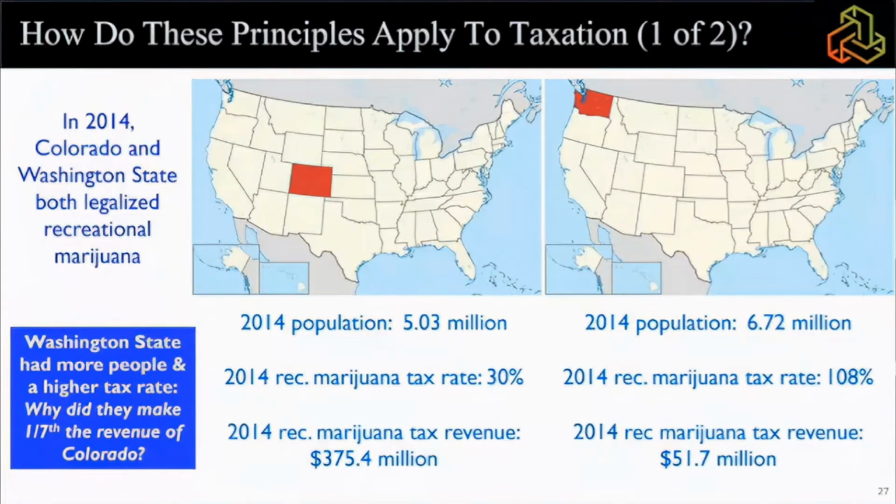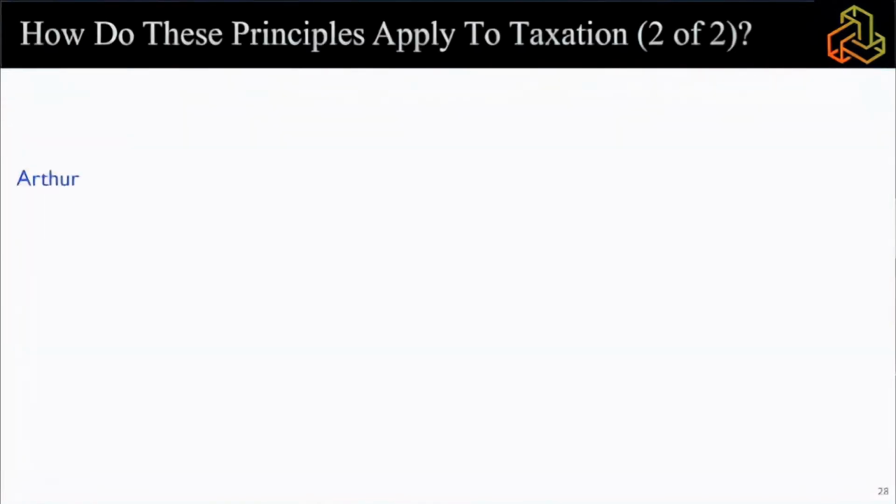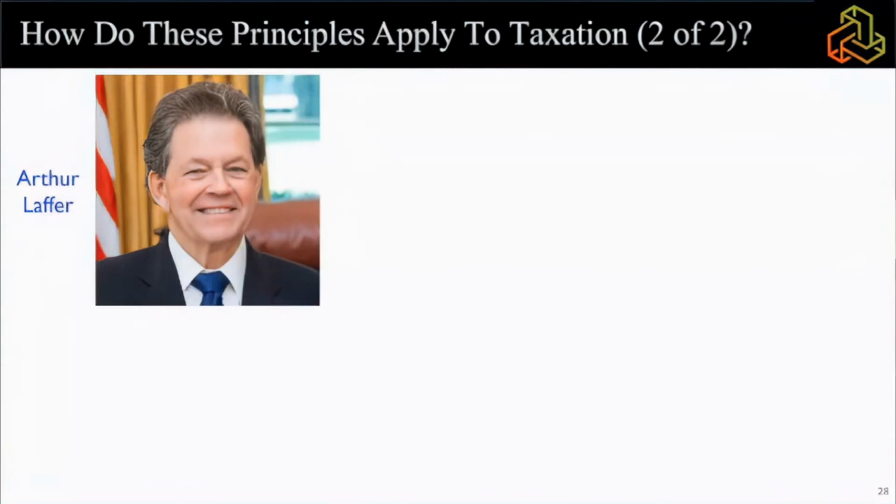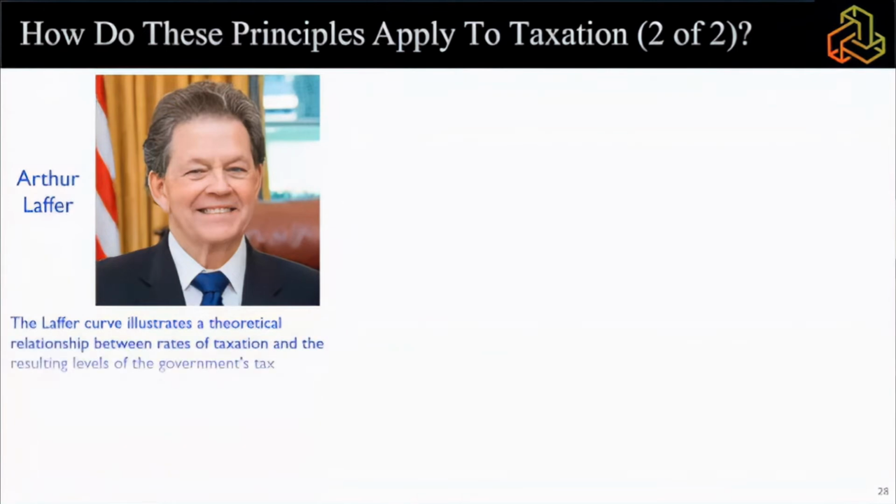Well, let's see what people have had to say about taxation and see what we can do to try to model that. And so it works out that Arthur Laffer, who is still with us, famously came up with the self-named Laffer curve.